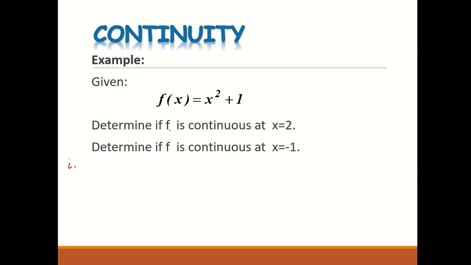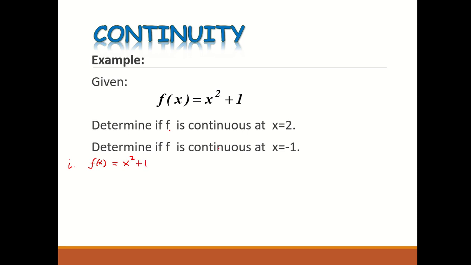Number one, we have f of a. So we have to find if f of a exists. So we're given f of x equal to x squared plus 1.